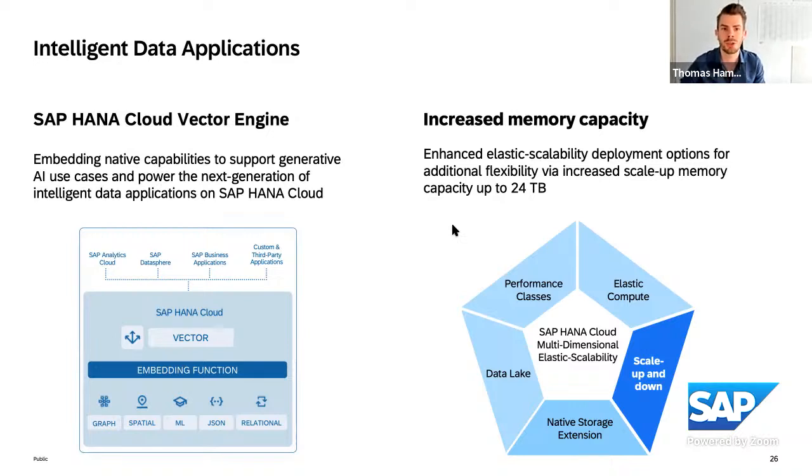So we have decided to extend the capabilities up to 24 terabytes by the end of 2024. So that's a great statement from my point of view, a significant growth in terms of the capabilities we offer for HANA Cloud for storing data in memory. But for sure, this is not the limit, thanks to, for instance, our data lake that we have available in HANA Cloud, giving you the possibility to store even more data.